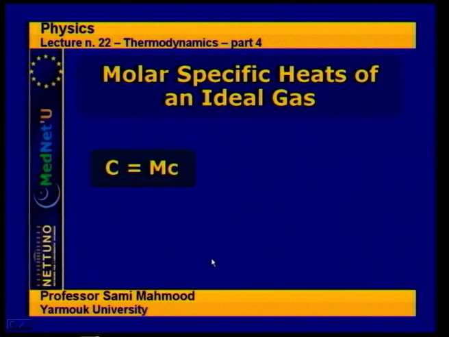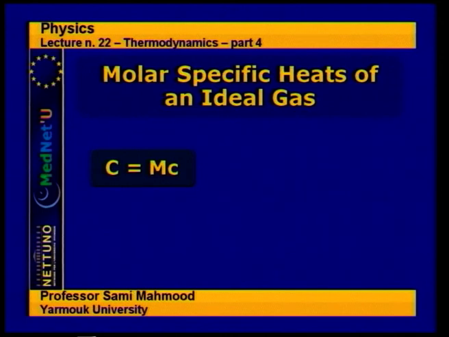And the molar specific heat is written as a capital C. This is a convention, but we shouldn't mix it up with the heat capacity of a system. And this molar specific heat is equal to the molar mass of the system times the specific heat that we have defined previously, because the specific heat, small c, is the heat capacity per unit mass.